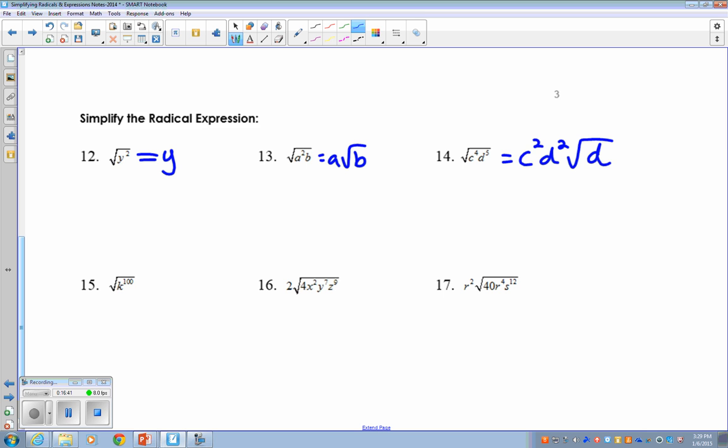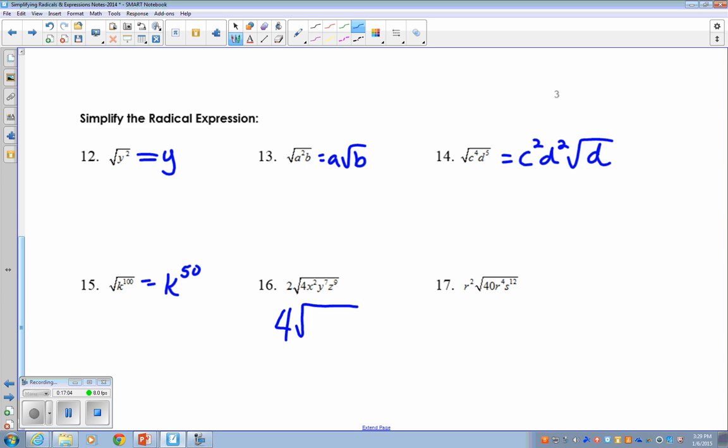All right, so this would be x to the 50, right? 2 can go into 50 twenty-five times. Now, if it has a coefficient, it stays on the outside. Anything we take out goes with that coefficient. So we're going to go to the number. What's the square root of 4? 2. That 2 comes out to this 2 here, so now we have a 4.